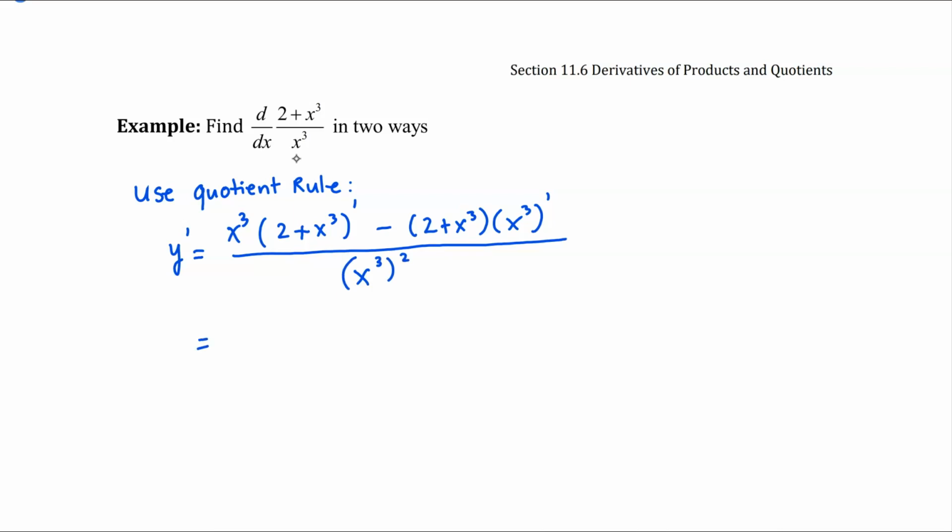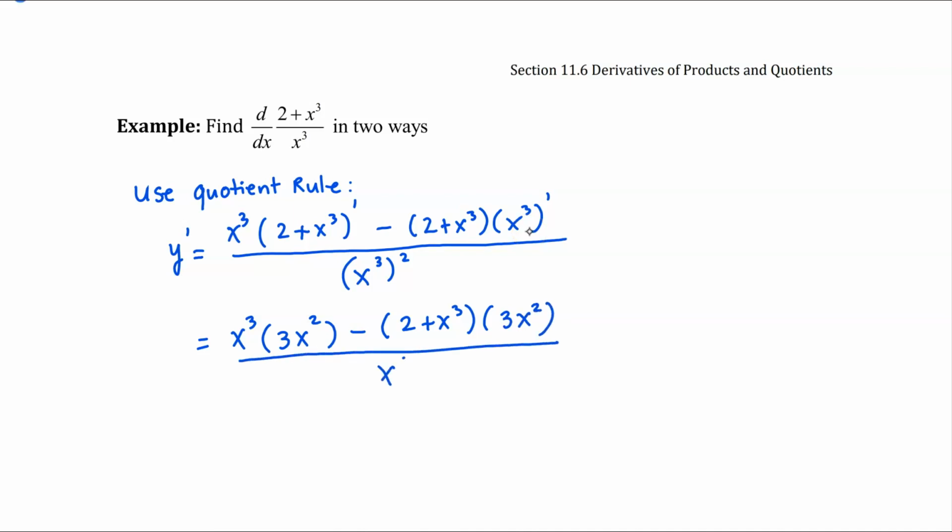And then simplifying this, we have x cubed times the derivative of this is 0, and the derivative of x cubed is 3x squared, minus, copy 2 plus x cubed times the derivative of x cubed, which is 3x squared, divided by x to the 6.